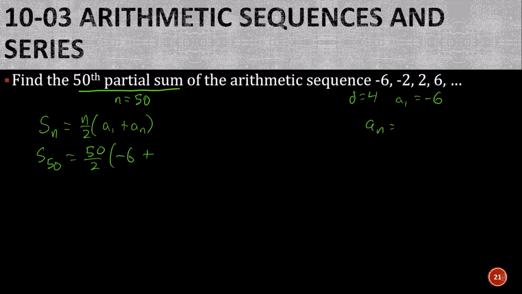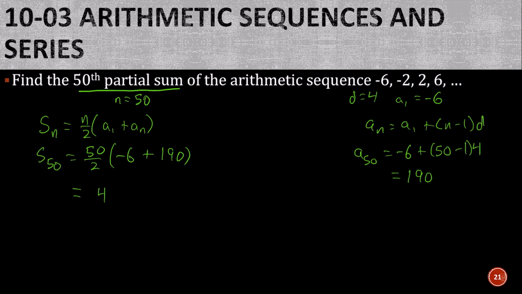So a_n is a_1 plus n minus 1 times d. I want a_50. a_1 was negative 6, n would be 50, and d is 4. I'll work that out, and we end up with 190. So a_n is 190. Run that through the calculator, and our sum is 4,600.